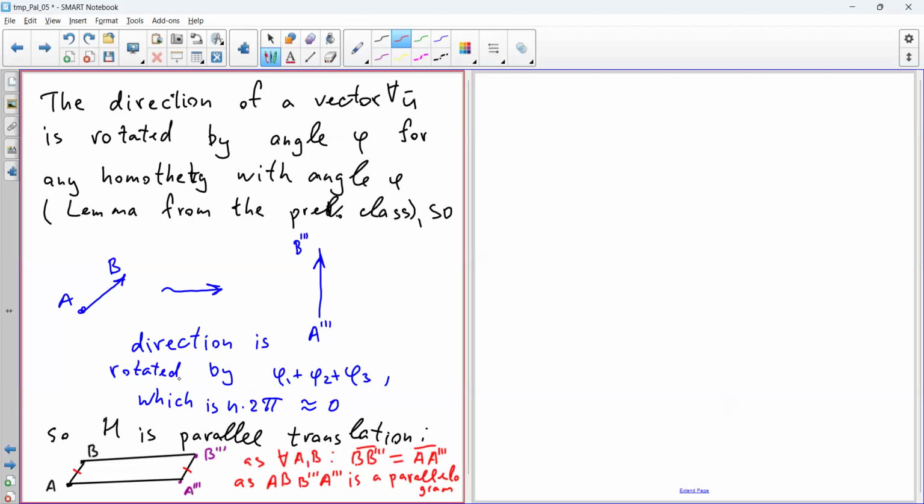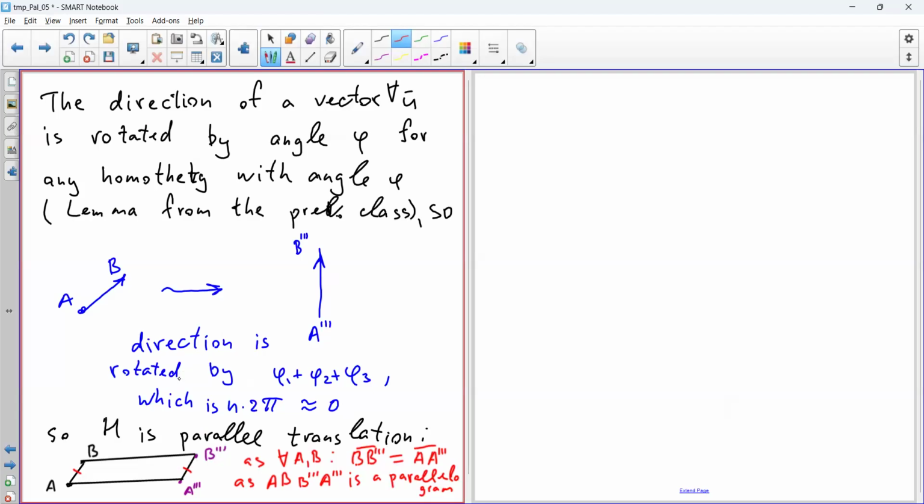So we just show that the segment B triple prime equals the segment A triple prime, and that is quite obvious in the situation of a straight line. So that is how we prove that H is a parallel translation.